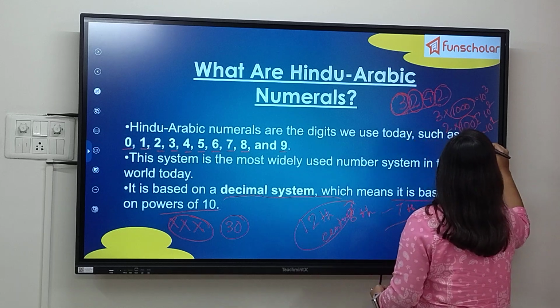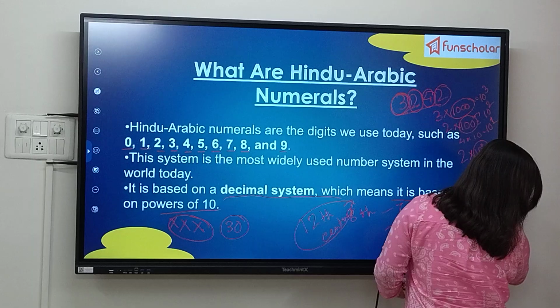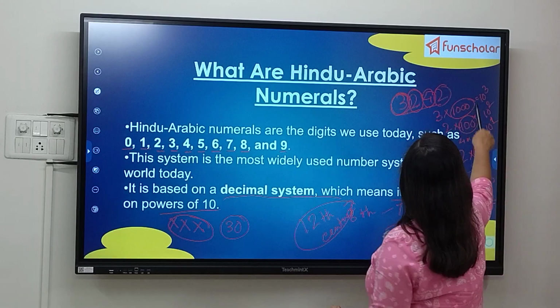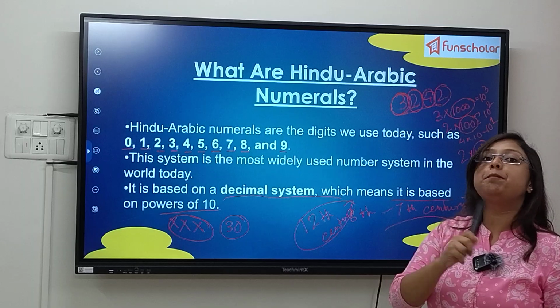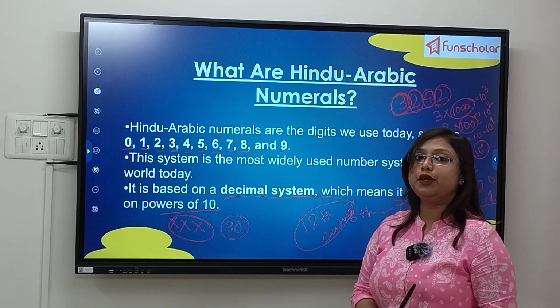So 10 to the power 0 actually stands for 1. So we can write each and every value in powers of 10. This is the basic fact of Hindu-Arabic numerals.